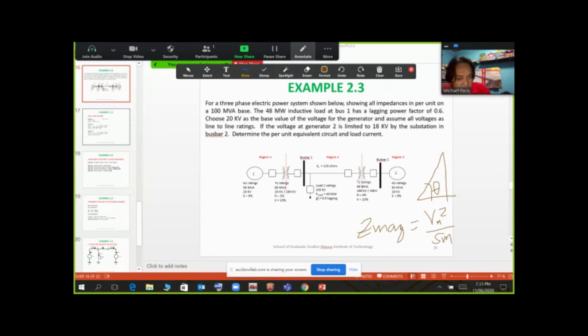But the given here is in terms of 48 megawatt, so in terms of P. And the power factor is 0.8 lagging.